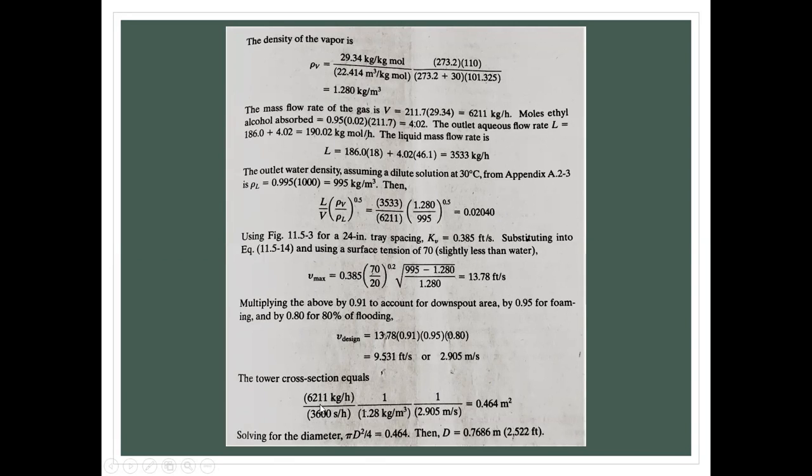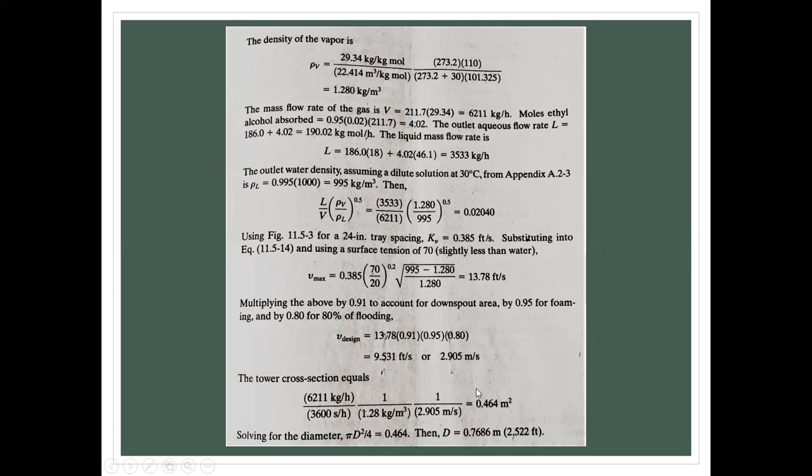Now, you want to get rid of the mass unit, so you have to divide it by the density. The density of the gas. That's the density that you have solved there. You will have now a unit in cubic meter per second. The hour and kilogram cancelled. So to give you a unit in area, that should be divided by the linear velocity that you got here. And that would give you this area.